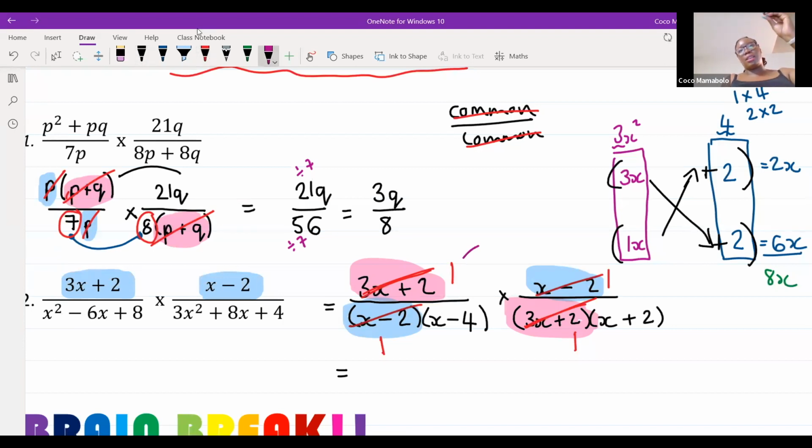What is my answer left at the top? It's just 1. Good. That's the only thing I have left at the top. But what do I have left at the bottom, Matteo? X minus 4 and x plus 2. And that's it.